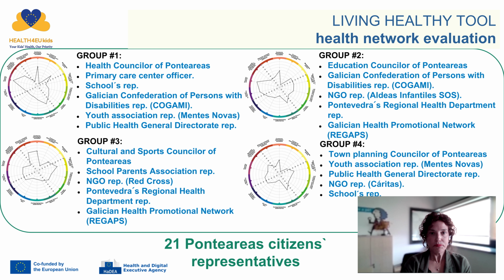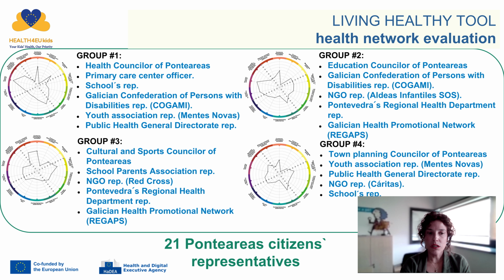Here we can see the results of the health network evaluation. You have different groups in which you can see the different people that participated, from youth associations to the Galician Health Promotion Network, and also NGOs and the Public Health General Directorate, many people that were part of the community that participated in 4 different groups.